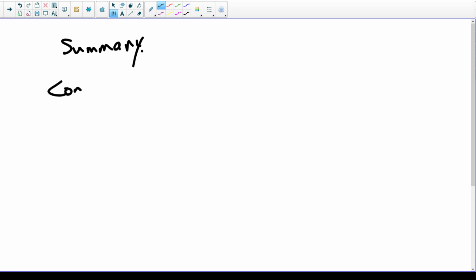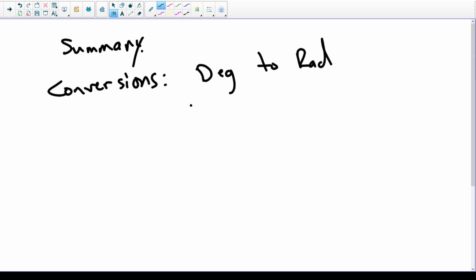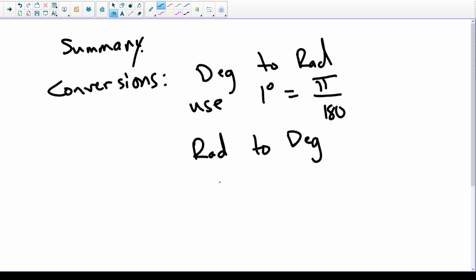So the conversions from degrees to rads, you use 1 degree is equal to pi over 180 rads. I'm not even going to put the unit rads anymore because we usually don't. Okay. From rads to degrees, you use 1 rad is equal to 180 over pi degrees. That one I'm going to put the rad there so you know that the 1 represents a radian, okay?